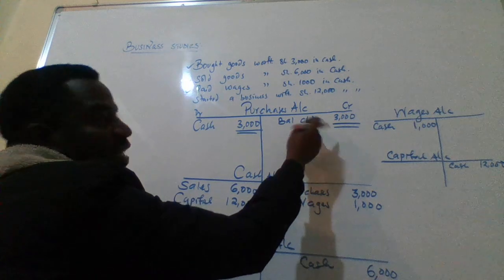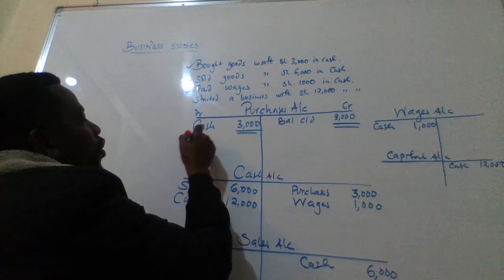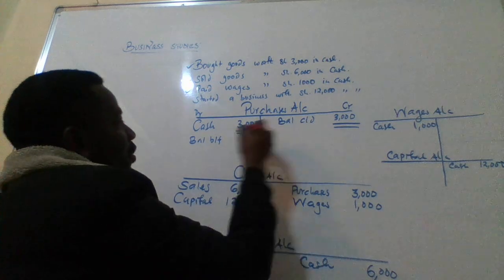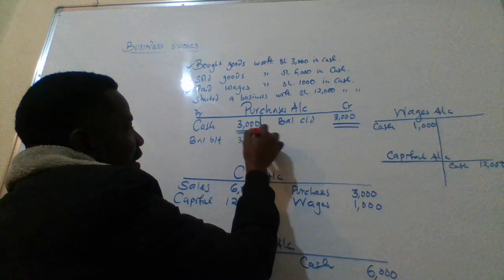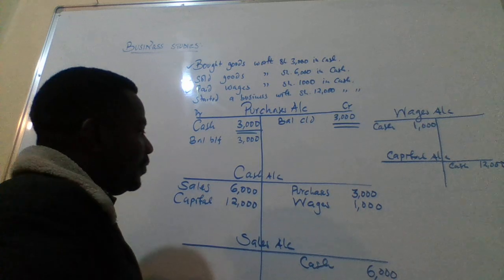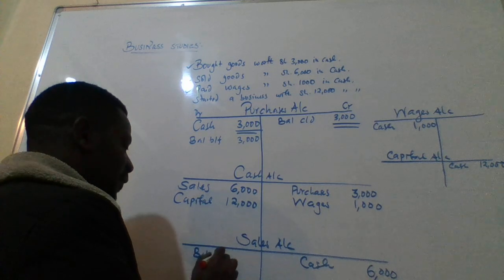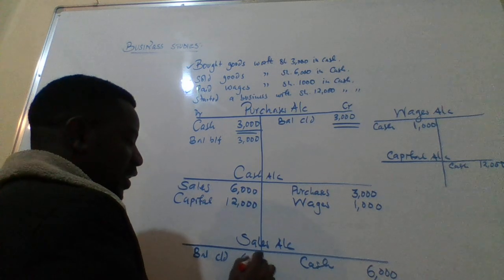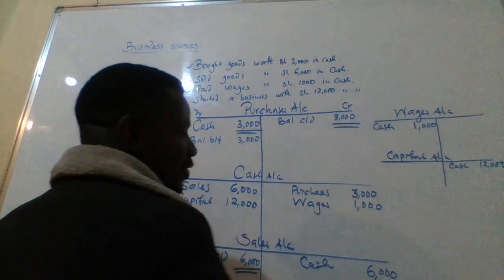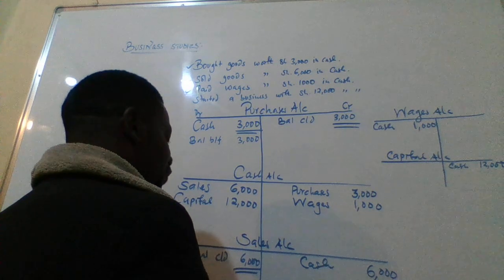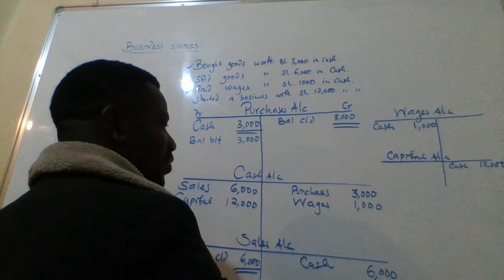This balance carried down will be the balance brought forward in the next accounting period. So you write here 3,000. This one is very simple, balance carried down 6,000. Close. This balance carried down will be the balance brought forward, the 6,000.